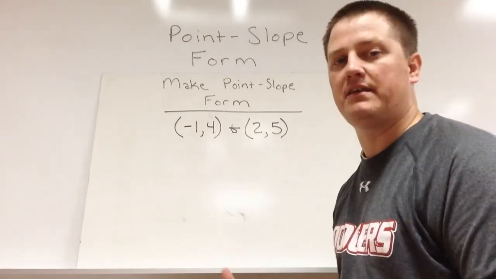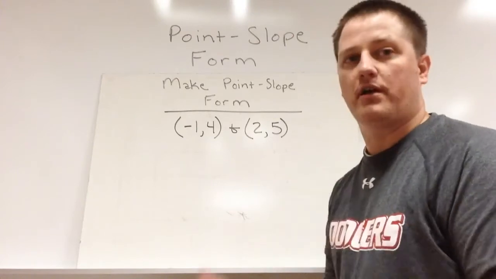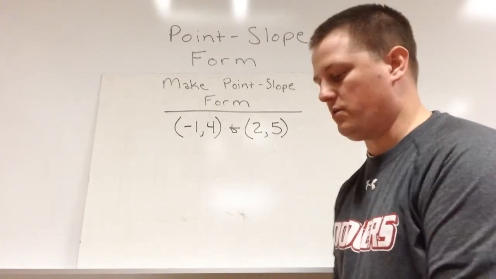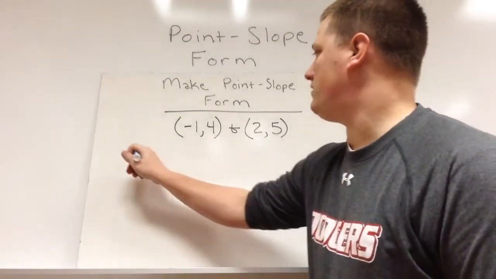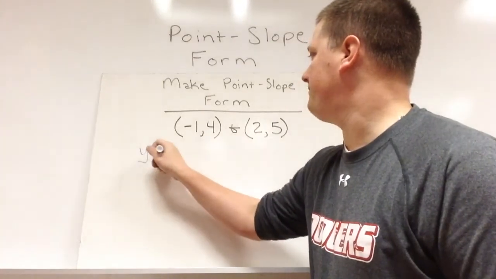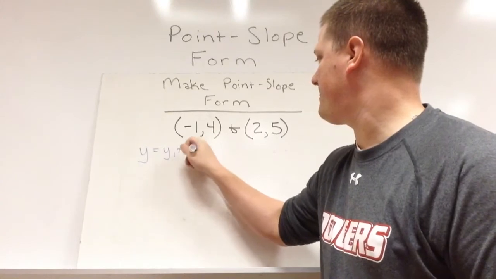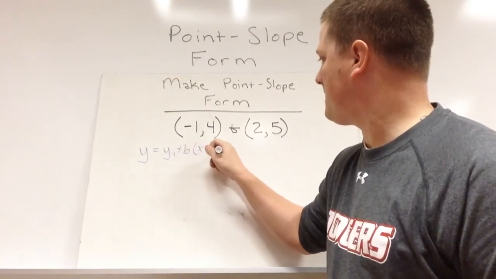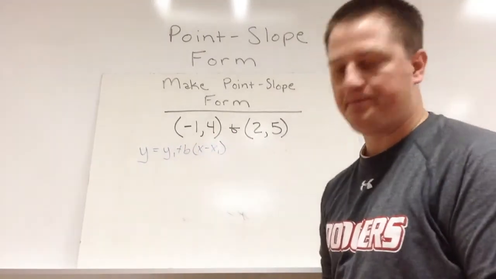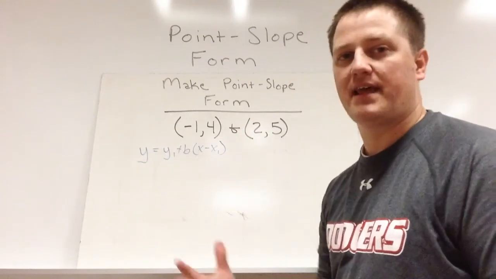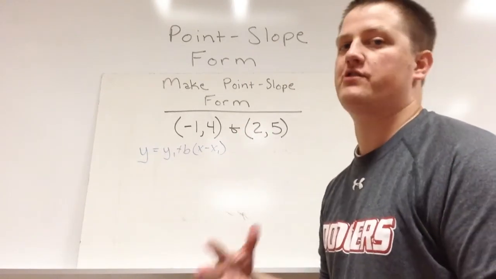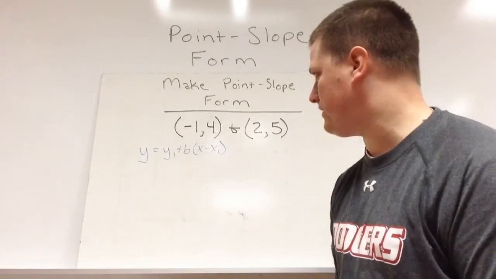Notice neither of these is a starting value, so intercept form isn't going to work very well. So we need to work off of point-slope form. The nice thing about this is there are many answers that work. We're actually going to have 2 from this problem.